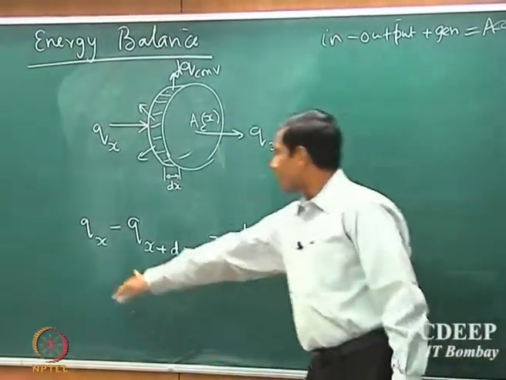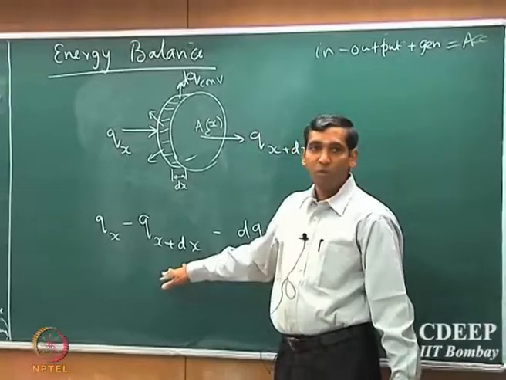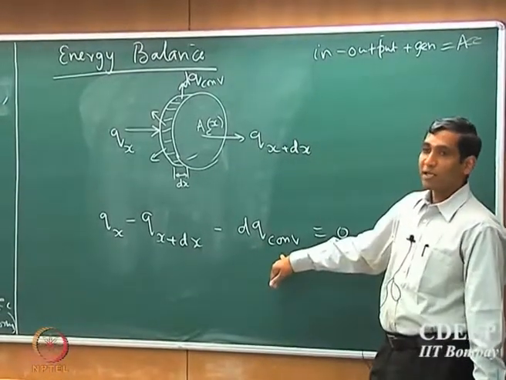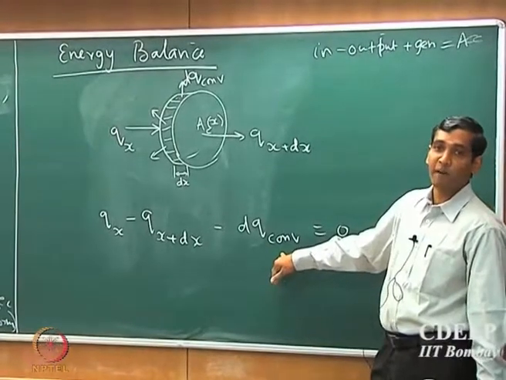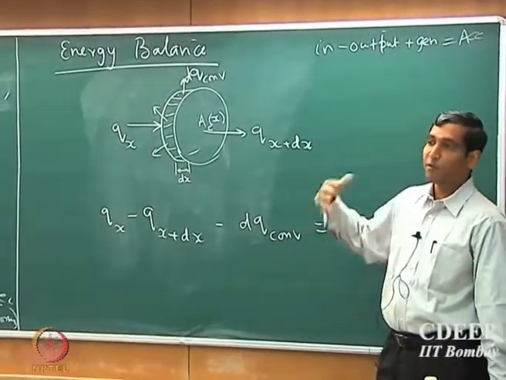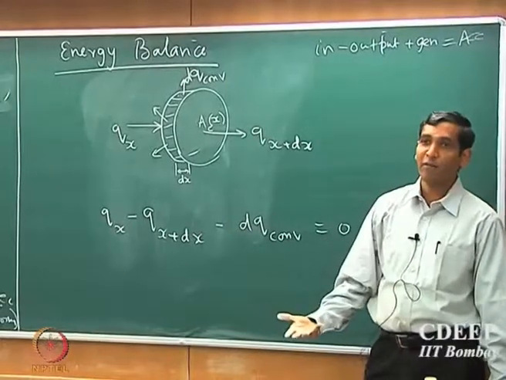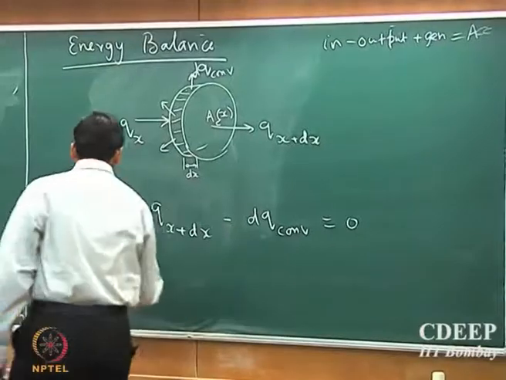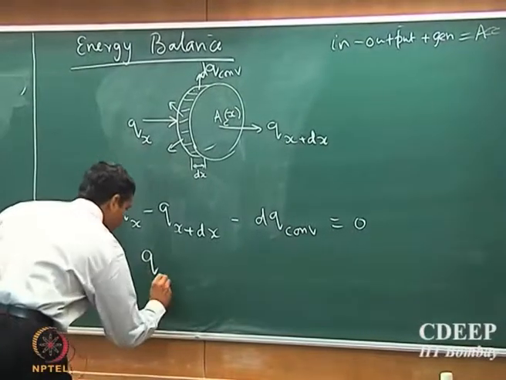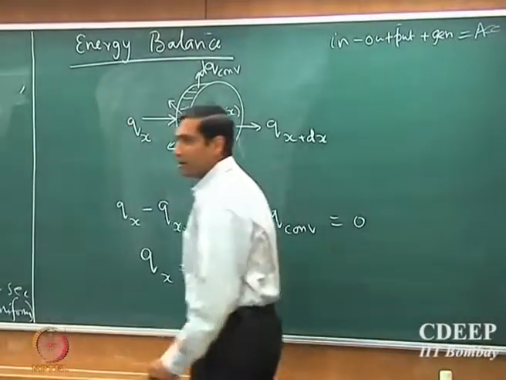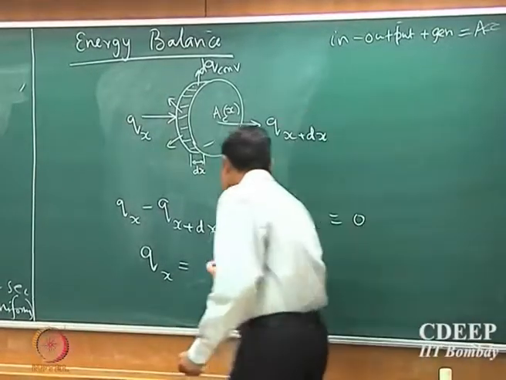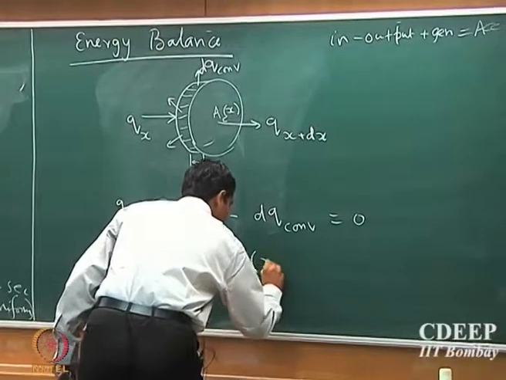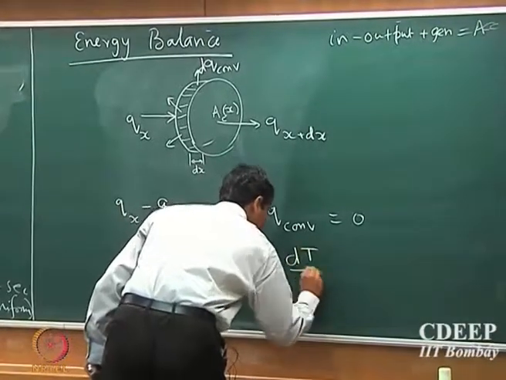So whatever comes into that element, qx, minus whatever leaves, q of x plus dx, minus whatever is lost because of convection from the solid to the fluid flowing past that object. From Fourier's law we know that qx is minus k Ac of x into dT by dx.